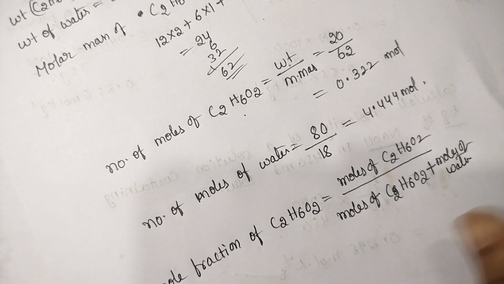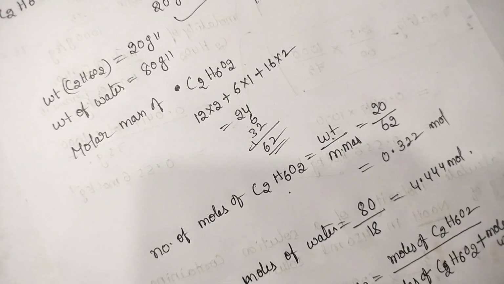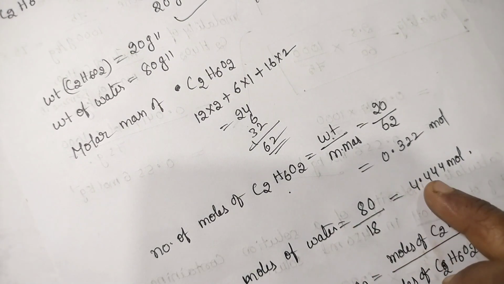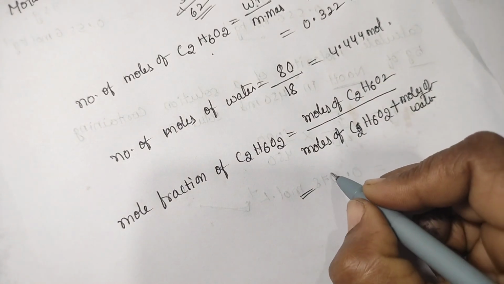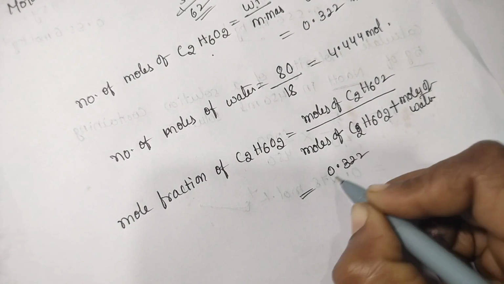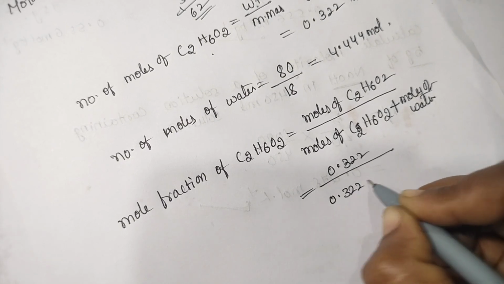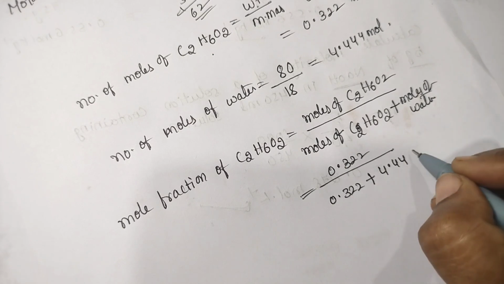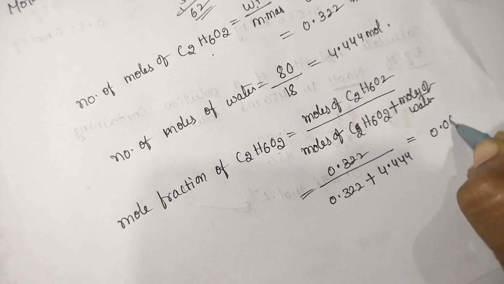Now the number of moles of C2H6O2 is 0.322 and number of moles of water is 4.444. Now 0.322 divided by 0.322 plus 4.444. If we calculate, we'll get 0.068.